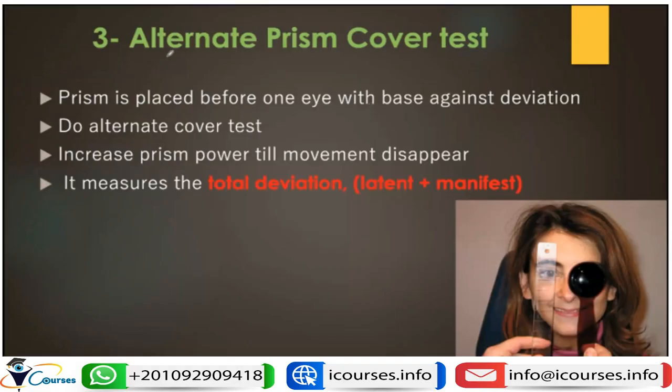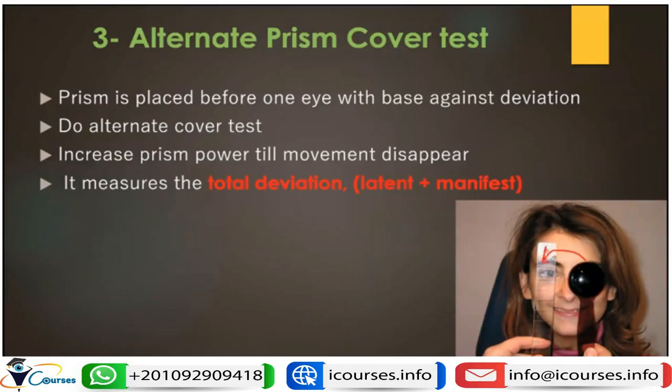Another test that uses the cover test in association with the prism bar is called the alternate prism cover test, in which the prism is placed before one eye with the base against the deviation. As we said, the prism is placed in front of the squinting eye with the base against the deviation, but in this test we alternate the cover between both eyes, not placing the cover always on one eye.